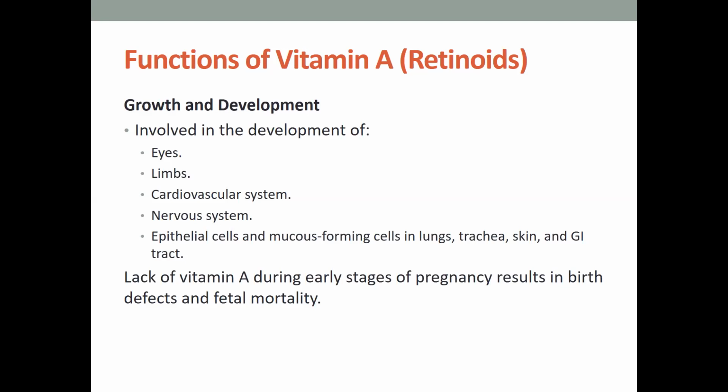It's also important, and this is true for everyone, not just fetuses, for epithelial cells and mucus-forming cells in the lungs, trachea, skin, and GI tract. Because of its importance in growth and development, during pregnancy, especially the early stages, you need good vitamin A status in mom, and this is going to help protect against birth defects and fetal mortality.